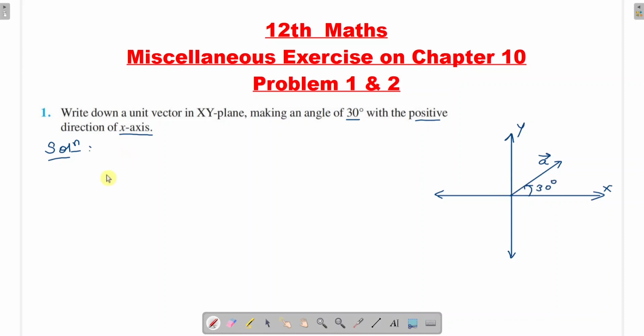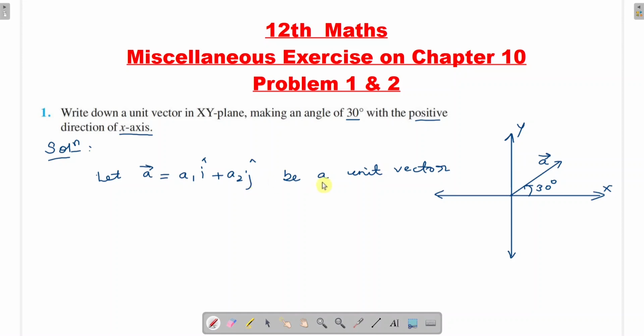So let us first write down the information given for the vector. Let a bar equal to a1 i cap plus a2 j cap be a unit vector. Now you will say, where is k cap here?